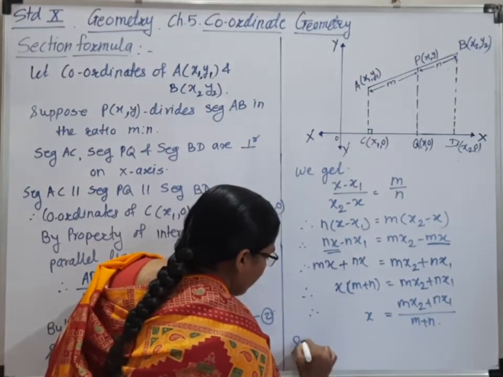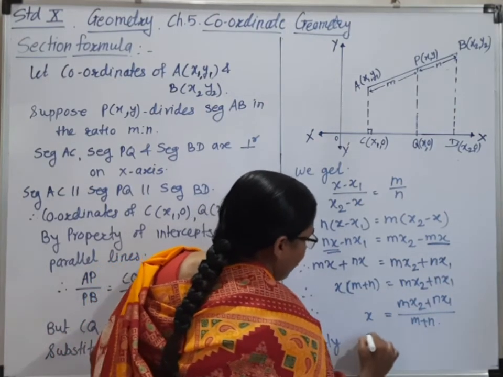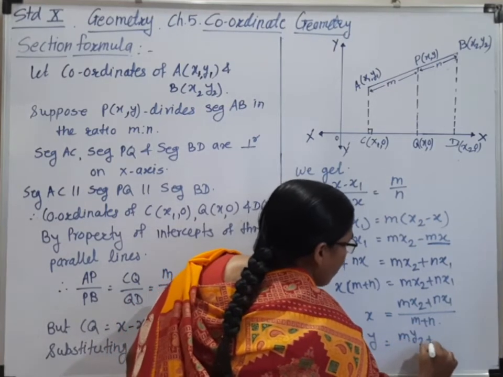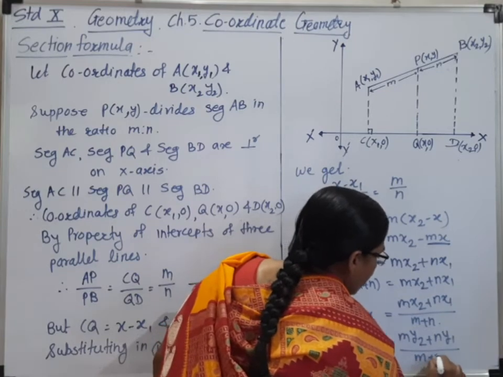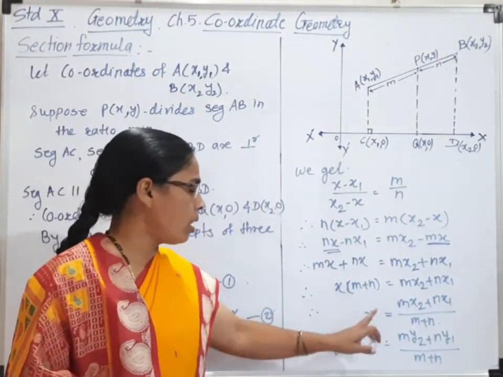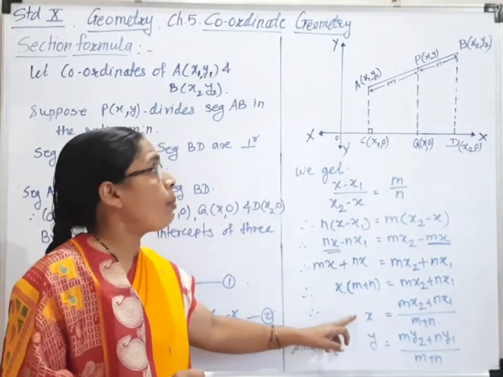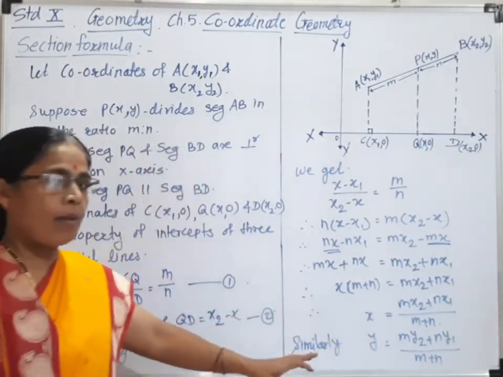Similarly, we can find y is equal to My2 plus Ny1 upon M plus N. These are the x and y, the coordinates of point P, found by using this section formula.